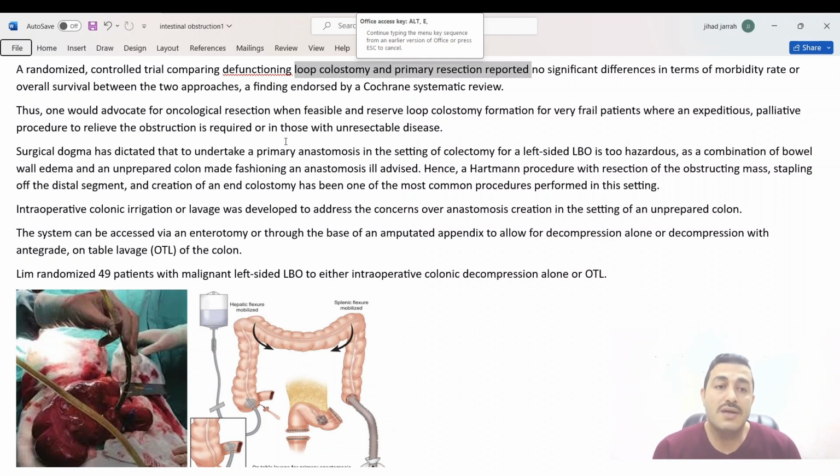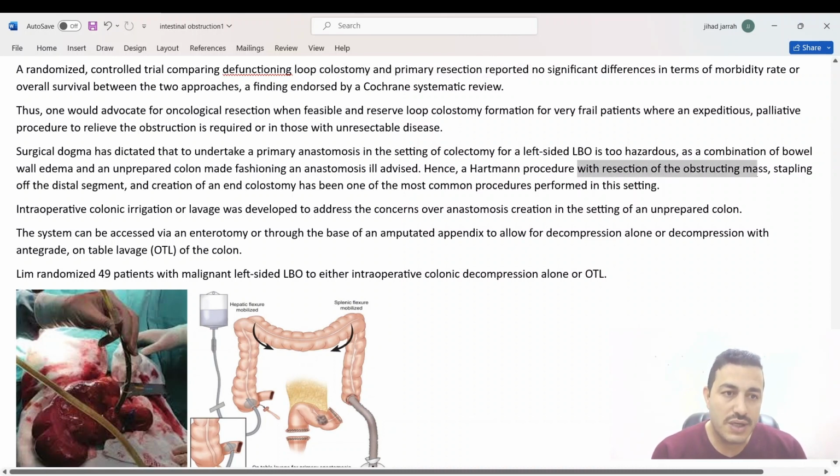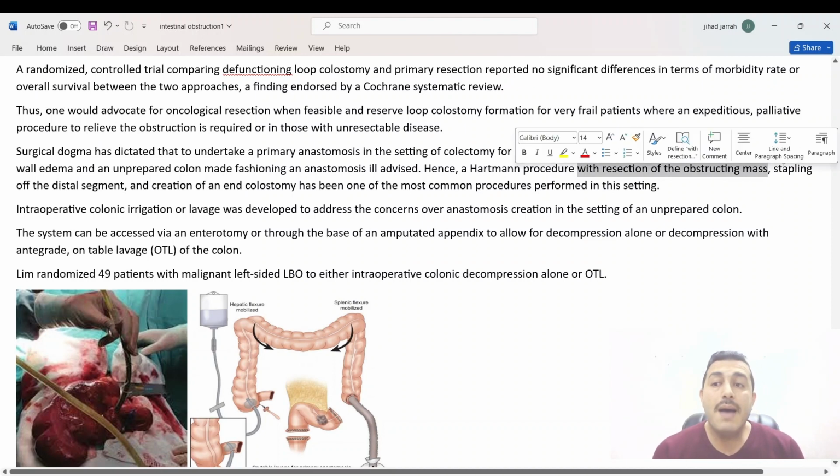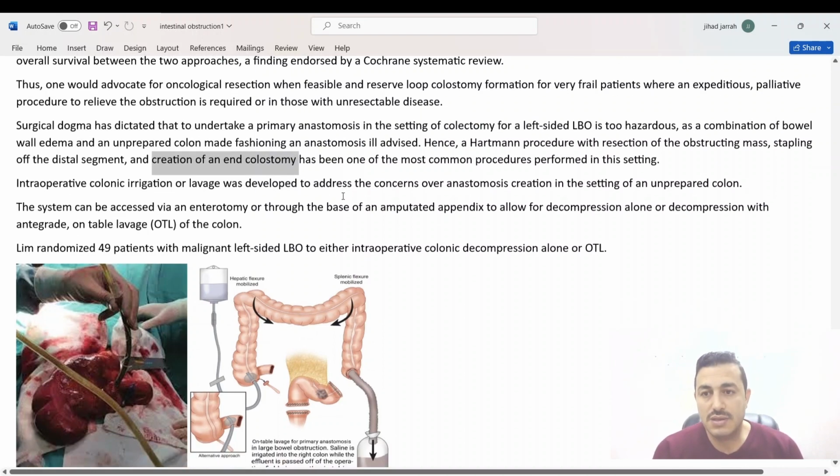Actually, we are talking here about the pelvis. So what we do is the Hartmann procedure. What does Hartmann procedure mean? It's resecting the obstructing mass, stapling of the distal segment, and creation of an end colostomy. This is the most acceptable procedure among the surgeons.